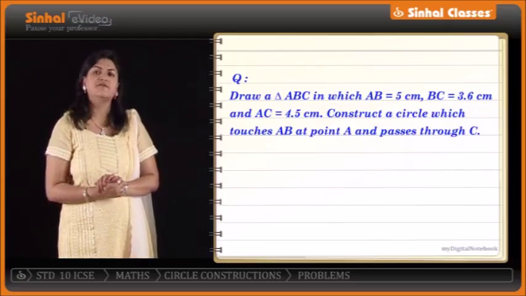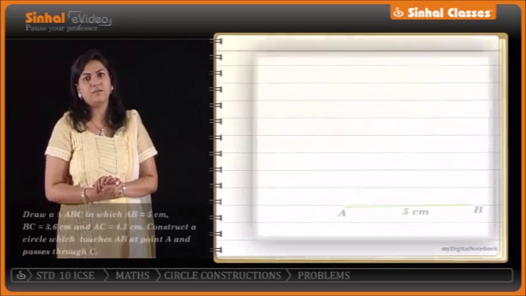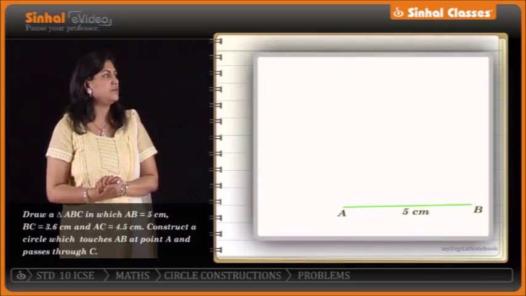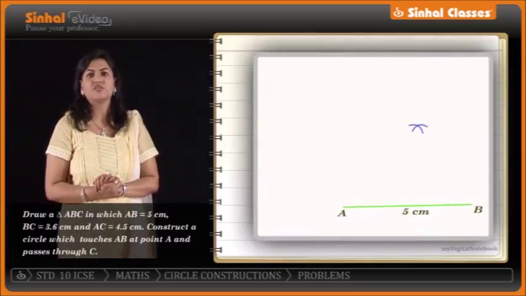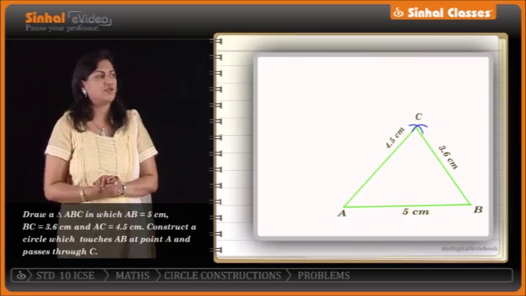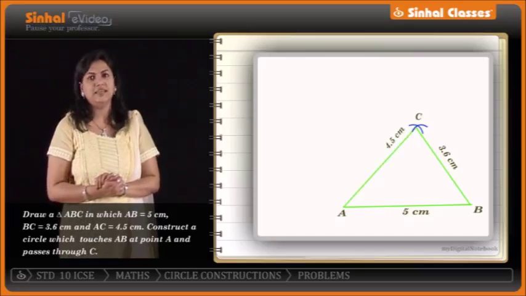Now in this, first we will draw the triangle ABC such that AB is equal to 5 centimeter, BC as 3.6 centimeter and AC as 4.5 centimeter. Complete this triangle ABC.